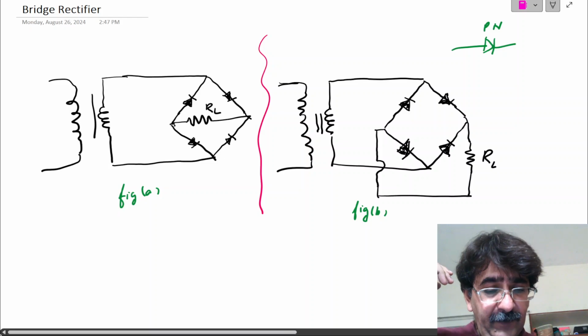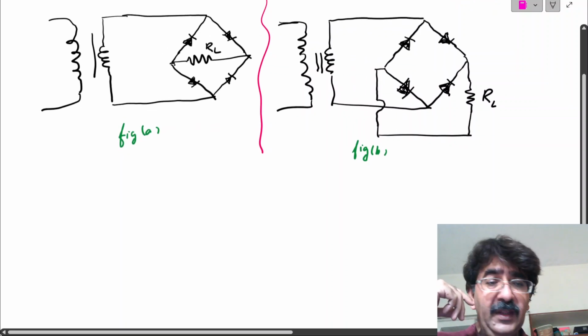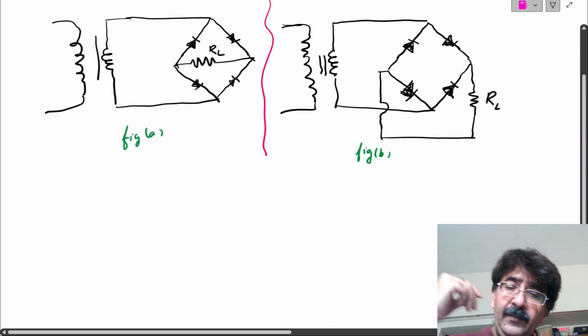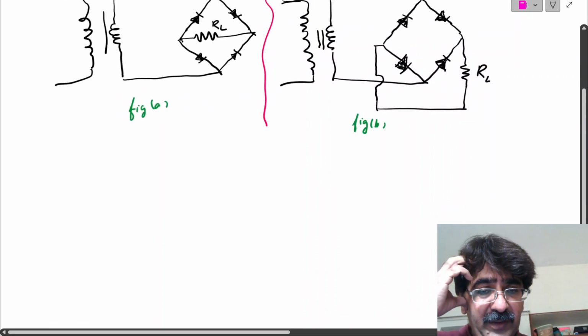Now I will draw the input wave, output wave, and the equivalent circuit diagram for these two circuits of the bridge rectifier.